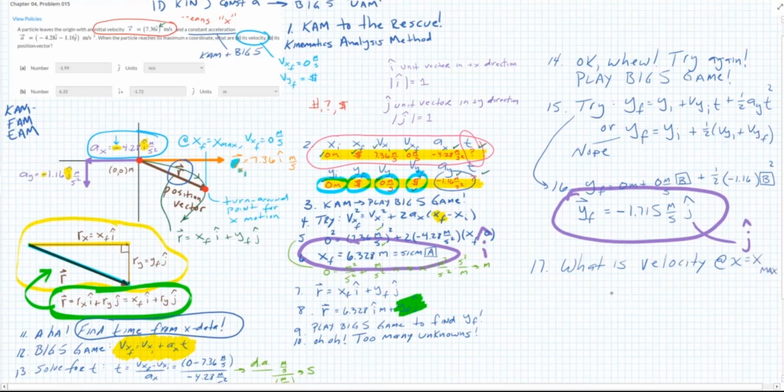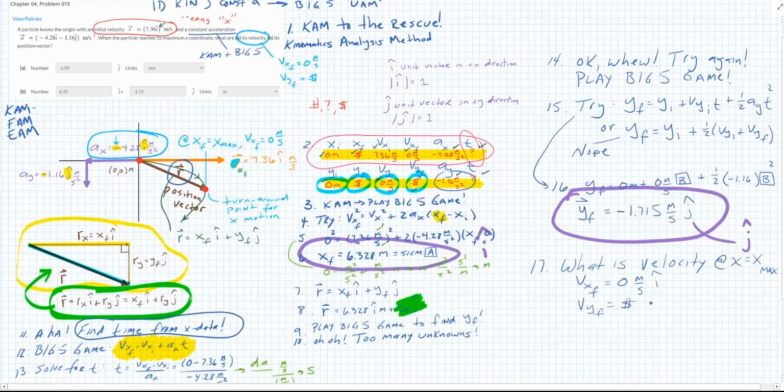I know the x velocity. This is vxf equals 0 meters per second I hat. And I know that's 0 because it stops and turns around. Otherwise, it couldn't ever reach a max. As soon as they told you you've hit a maximum x coordinate, you know, aha, I must have turned around in the x dimension. So now I just need to find VYF.